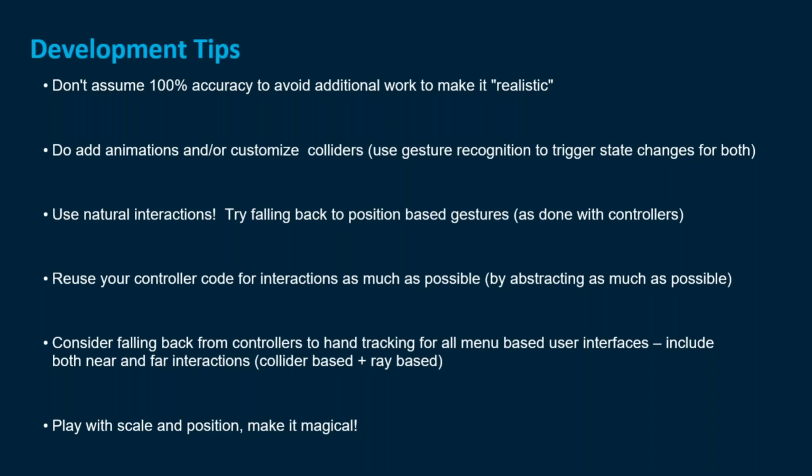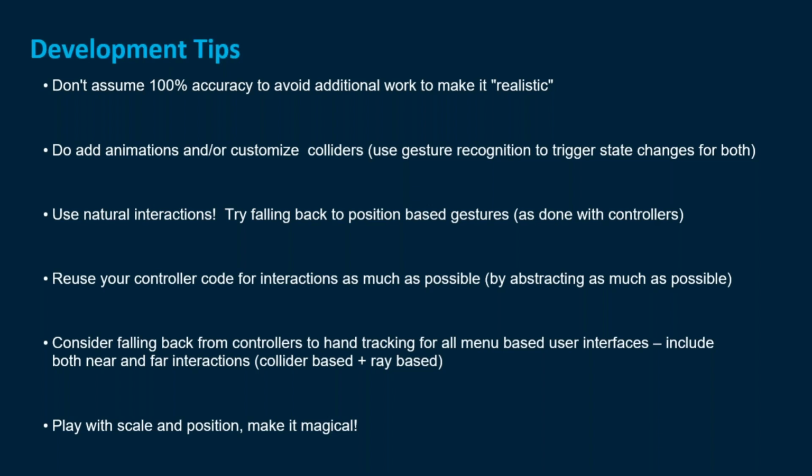All right, so let's talk about what I've learned with using hand tracking so far. As I mentioned, don't assume 100% accuracy just to avoid additional work. As you noticed, I went through 3 of those tips, and you're up and running. Do some more work.